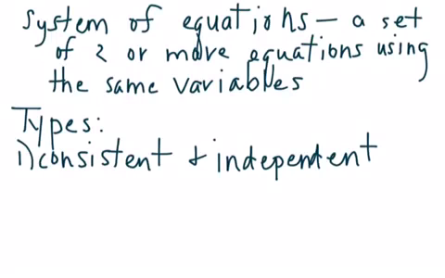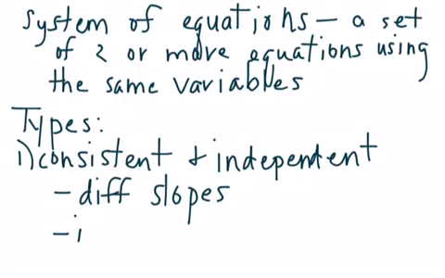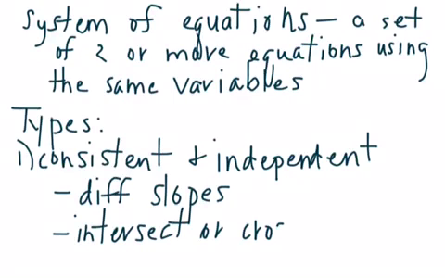In this case, the lines have different slopes and they will intersect or cross one time. They do or do not have to be perpendicular.